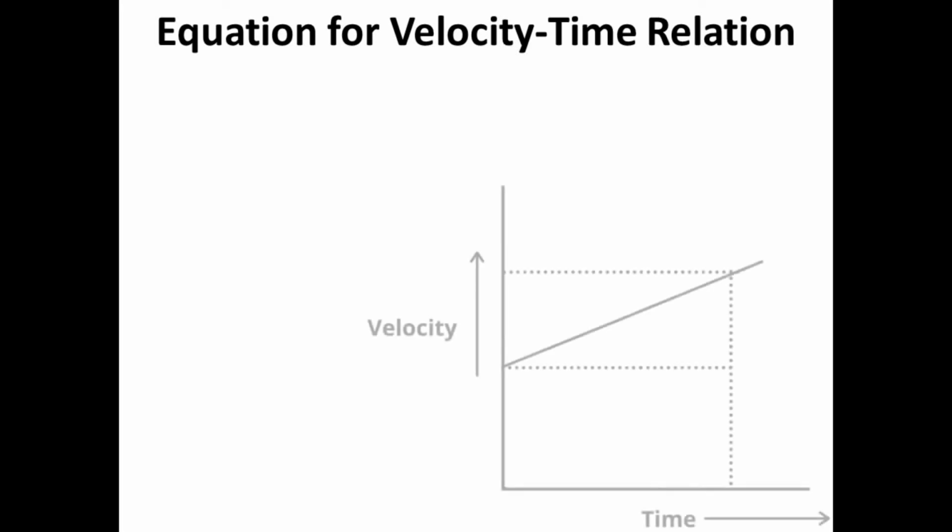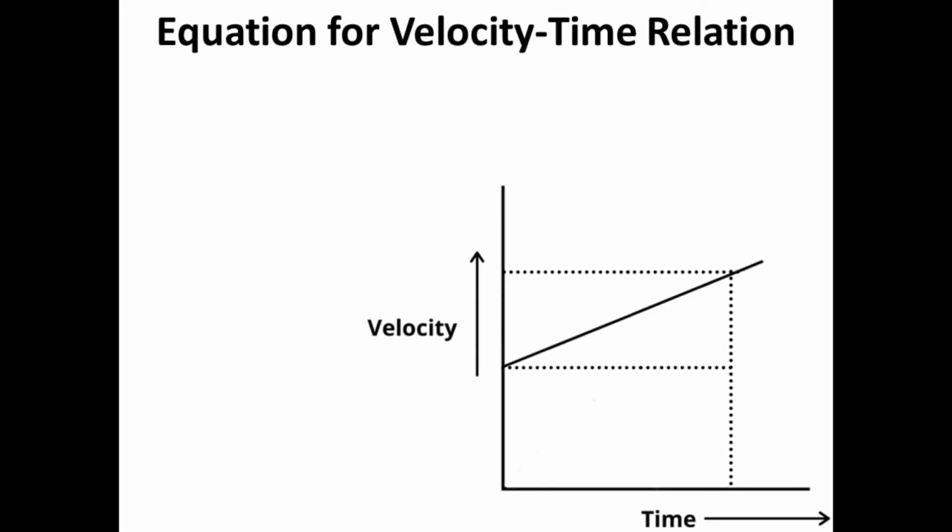First is the equation for velocity time relation. Consider velocity time graph having the O as origin and the point corresponding to initial velocity is A. From point B, draw perpendiculars BC and BE on the time and velocity axis respectively.